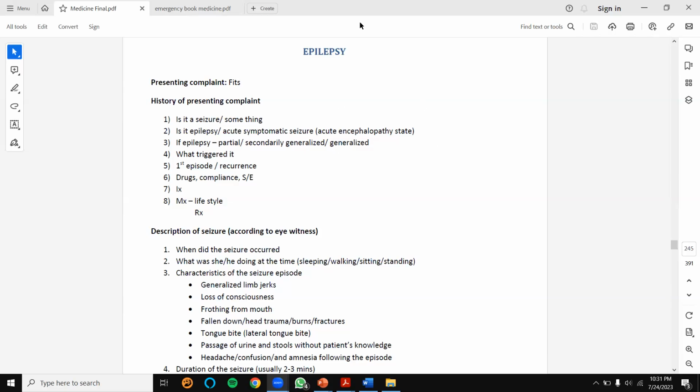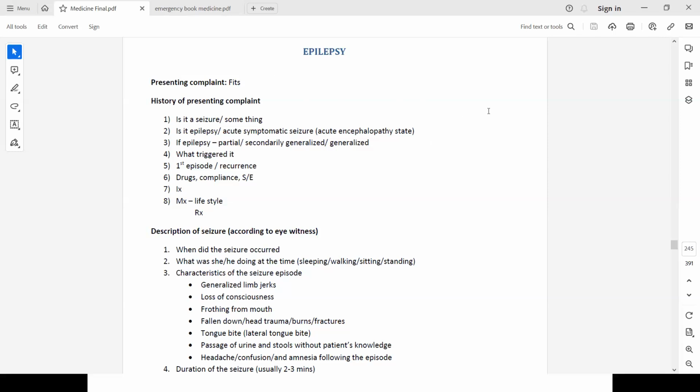For the epilepsy history, you can divide it into the pre-ictal phase, the ictal phase and the post-ictal phase.